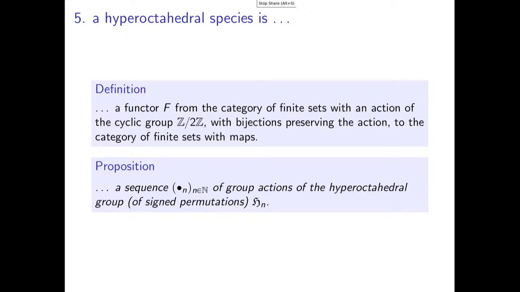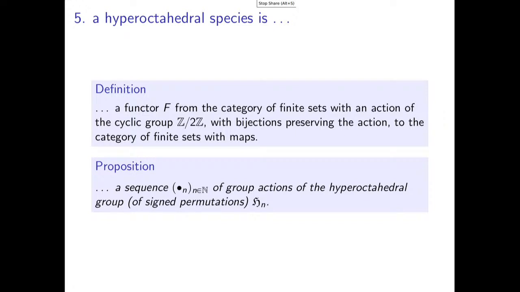Because you can multiply two group actions here. There's a natural notion of multiplication. For example, you don't have this for the sequence of cyclic group actions. There you cannot multiply. And also there is a very natural notion of plasticity. In fact, there are two notions of plasticity which come very natural.